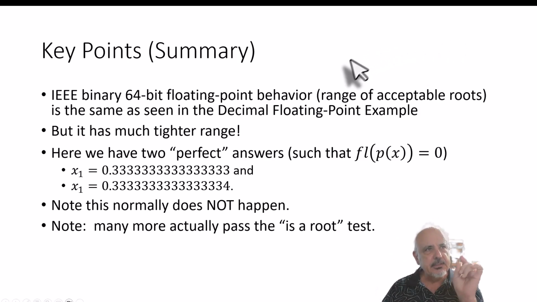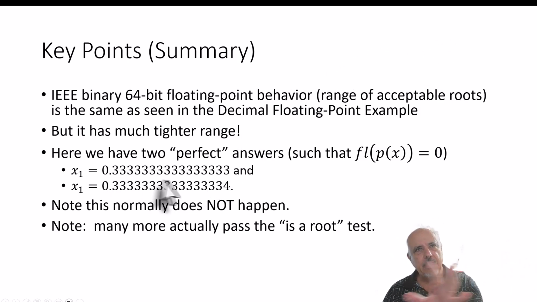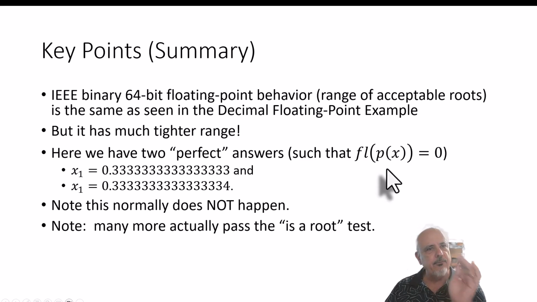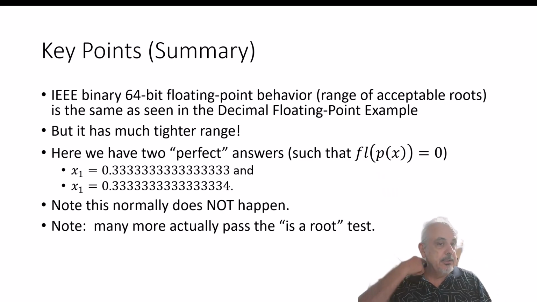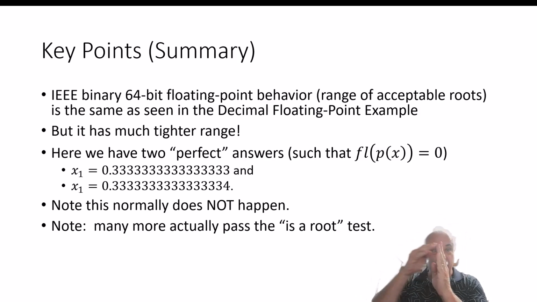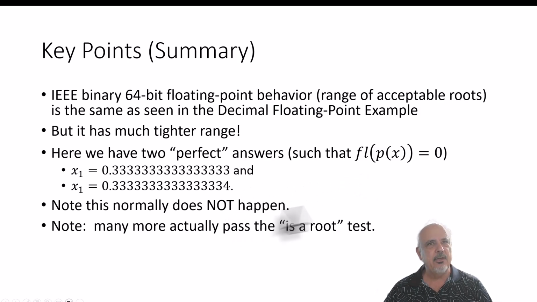In this example, there were 2 that gave us a Horner of all zeros, right? But to be honest, you usually don't get that. It makes it tough when you're looking for roots. You have to have a real good understanding of, hey, this is the best I can do. Normally you don't get all zeros like we did.